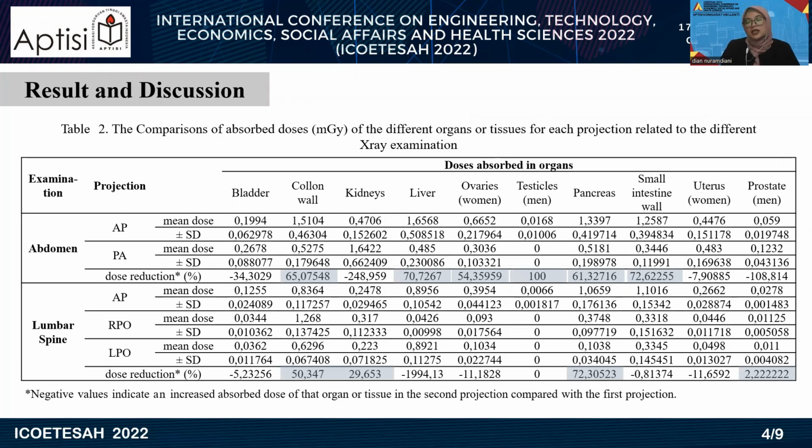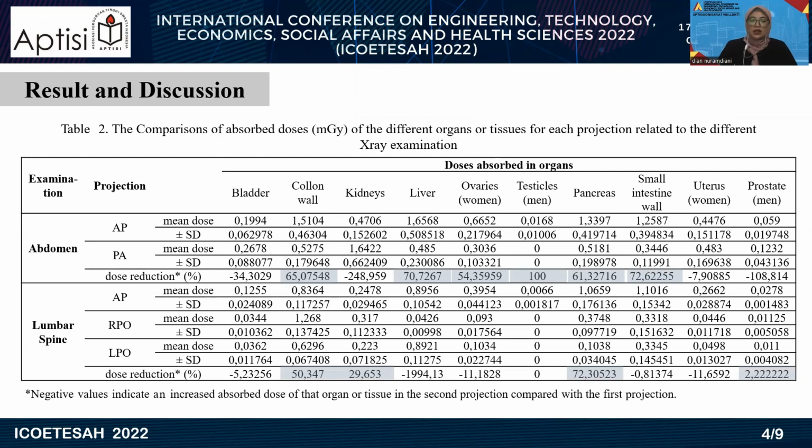This is proven by data showing that PA projection causes 54 until 100% of the absorbed dose per organ of the colon wall, liver, ovaries for women, testicles in men, pancreas, and small intestine wall to be lower than AP projection.